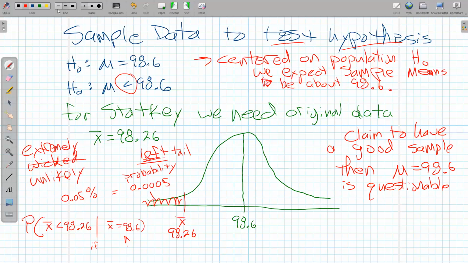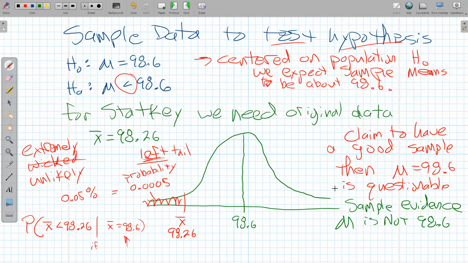So what I have here is evidence that human body temperature is not 98.6. Sample evidence. Mu is not 98.6. Now, my data is to the left, and that was my alternative hypothesis.